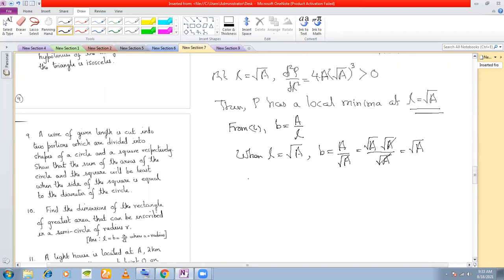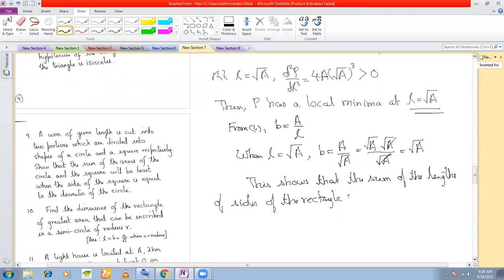So what does it show? This shows that the sum of the lengths of the sides of the rectangle is minimum when L and B both are equal to root a.